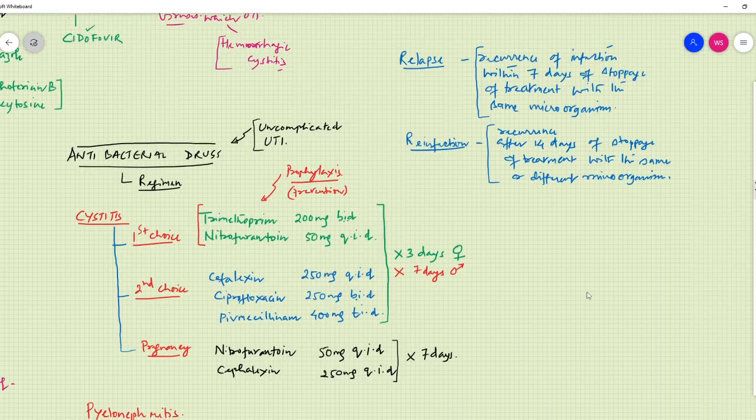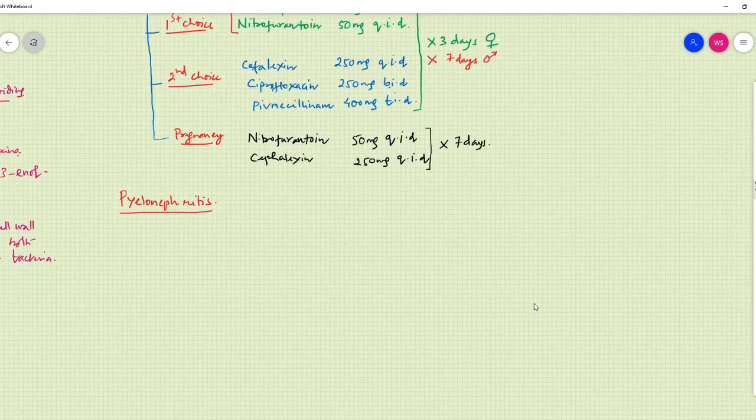So we were with pyelonephritis. In pyelonephritis, the first choice would be cephalexin, 1 gram QID for 14 days.